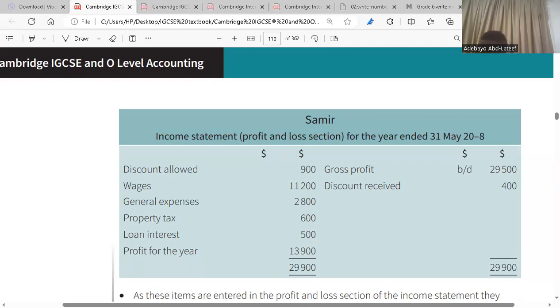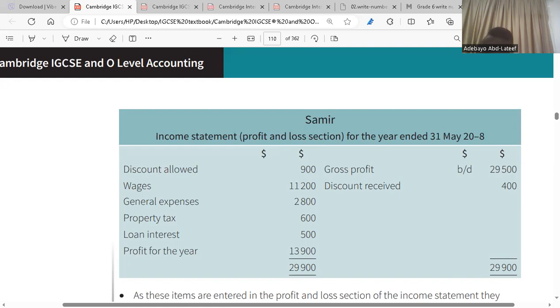Are we sure about these values? What about our loan interest? You didn't put it.